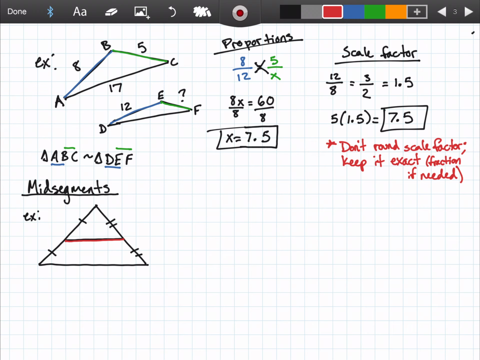See how it cuts it in half? That's what those marks mean. So think about it this way. Let's say that this side is 10 and I want to know what that side is.